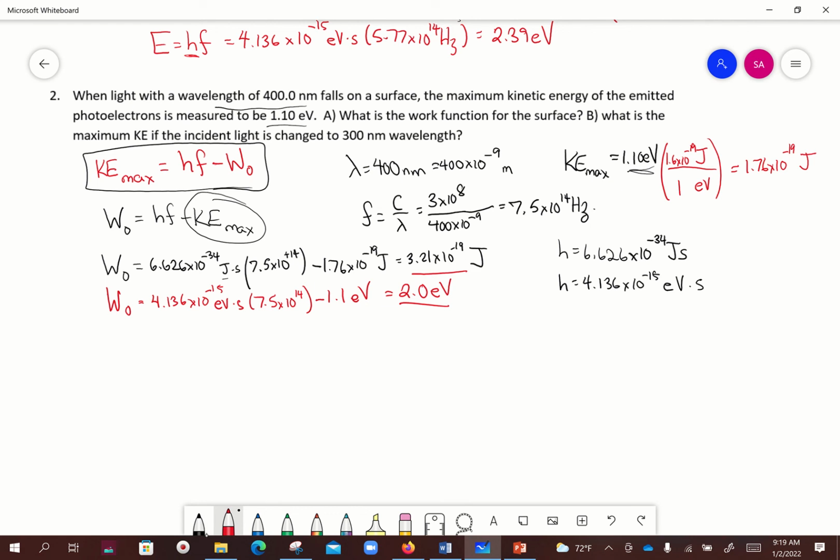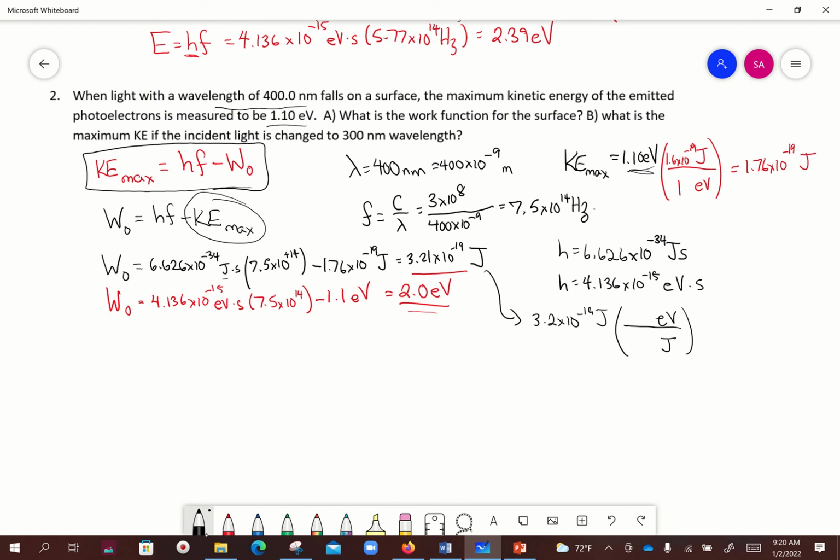If I want my answer for the work function in electron volts, then it's easier just to do it this way in the red, so that I don't end up having to convert Ke max. The other way to do it would be to do it in joules, and then I can convert my 3.2 times 10 to the minus 19 joules into eV.